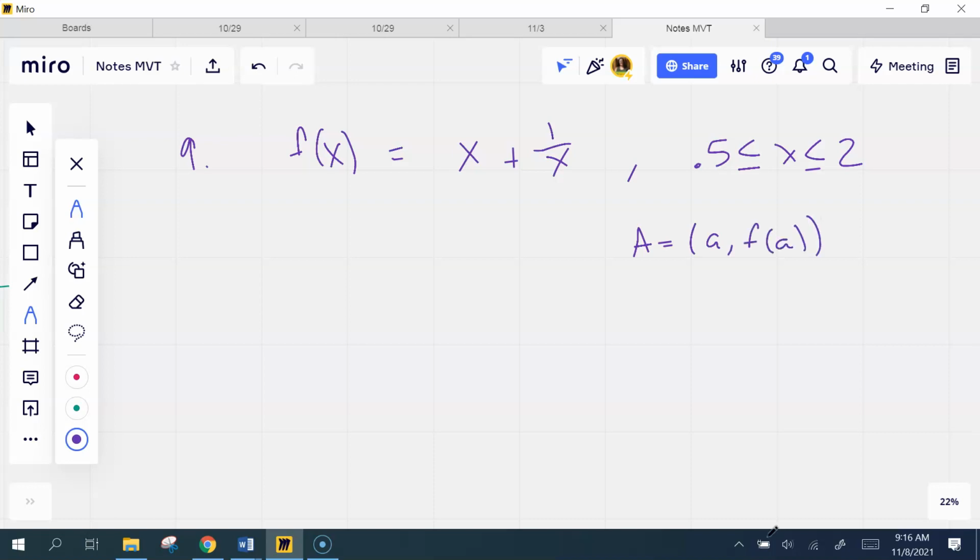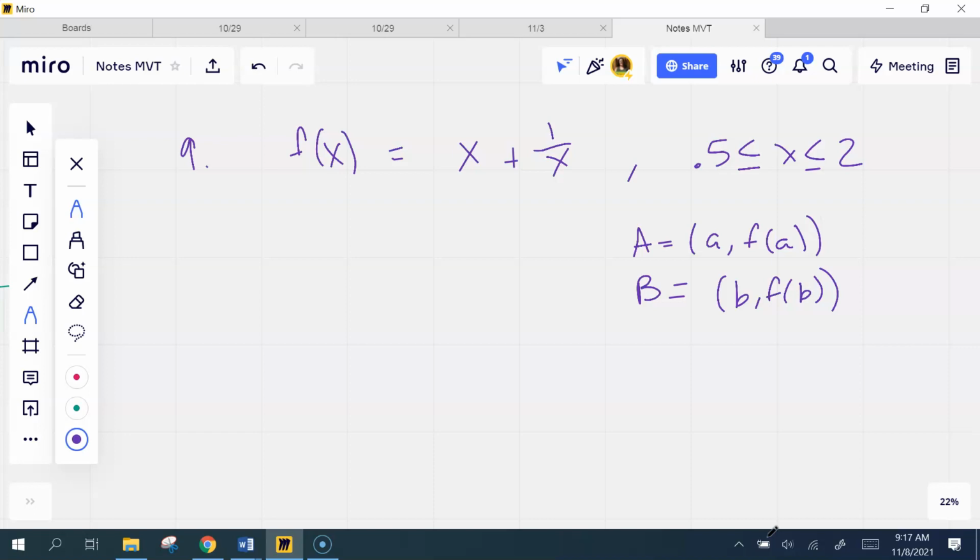This looks dangerously like the MVT we derived at the very beginning. And let B equal (b, f of b). Looks a lot like that picture we drew to start with, right? Write an equation for the secant line AB, and the tangent line that's parallel to AB.